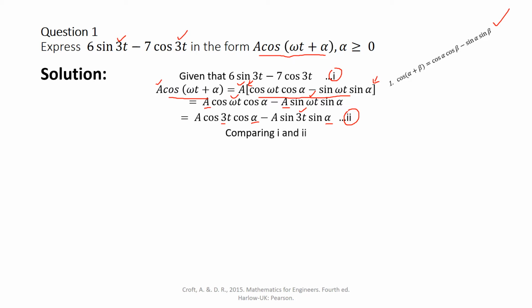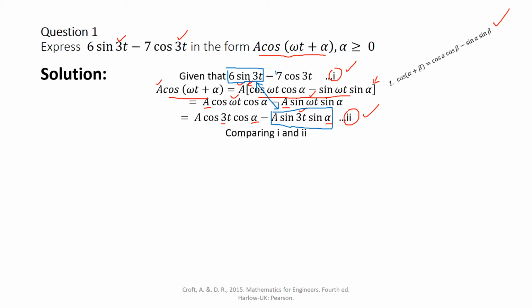So now we are going to compare this last expression with the given one. The given is actually 1, and this is the new development. If we look at the first term and the second term, they both have sine of 3t, so we can compare them.